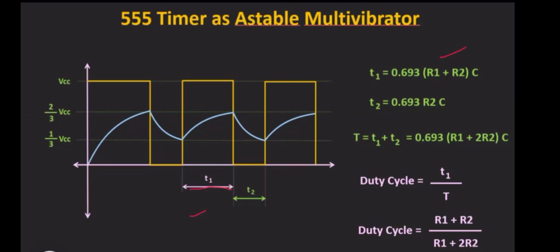So (R1 plus R2) resistance into C is multiplied with 0.693. And T2 is 0.693 R2 into C. And T is T1 plus T2, equal to 0.693 into (R1 plus 2 R2) into C.